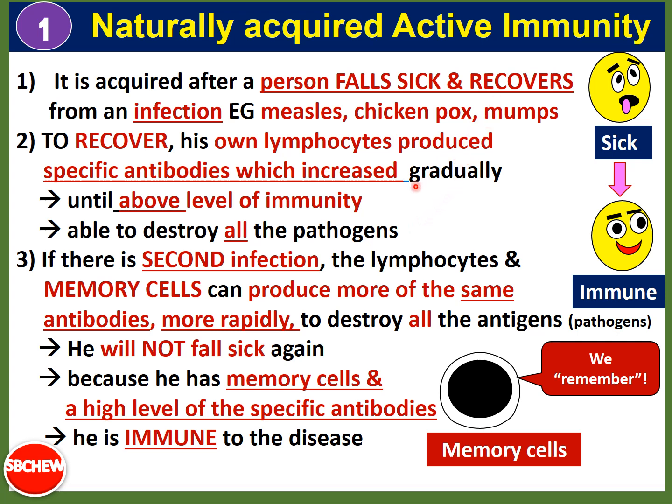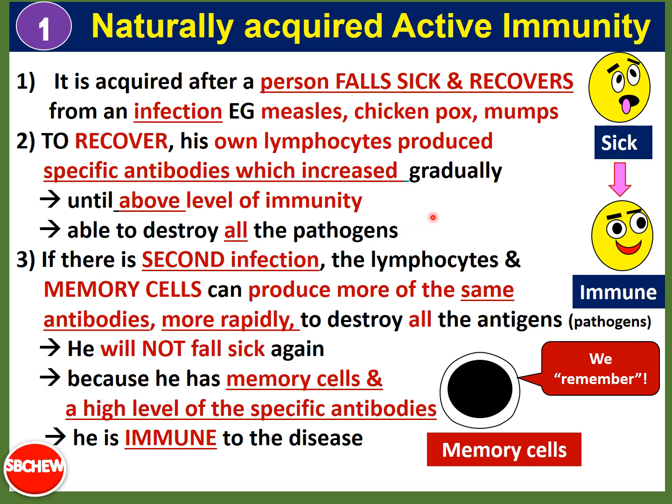But in the meantime, as his lymphocytes start to produce these antibodies before reaching the level of immunity, he may fall sick and show the symptoms of the disease. Okay, so after he recovers, he has a high level of specific antibodies for that disease.